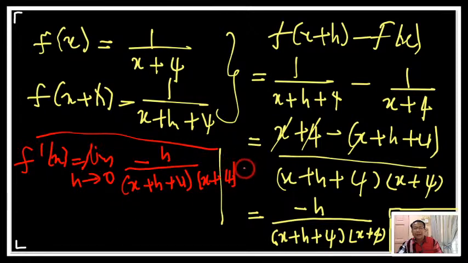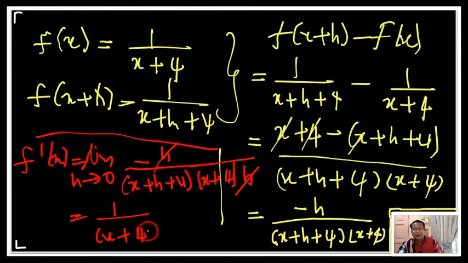So you have another h, and you must be able to cancel. If you cancel, and then you substitute 0 here, you have 1 over x plus 4 times x plus 4, which is equal to x plus 4 squared, with the minus sign. So finish. Find the derivative using the definition.